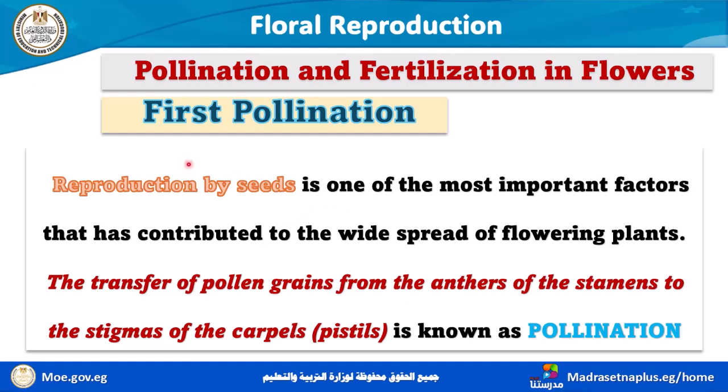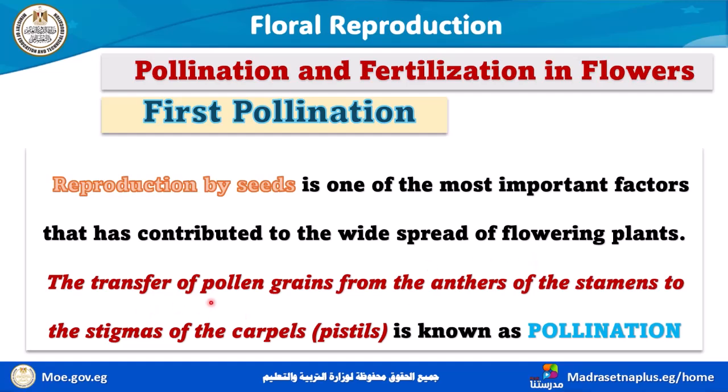Now let's begin to learn what is meant by pollination and fertilization in flowers. We will start with pollination. Reproduction by seeds is one of the most important factors that has contributed to the widespread of flowering plants.